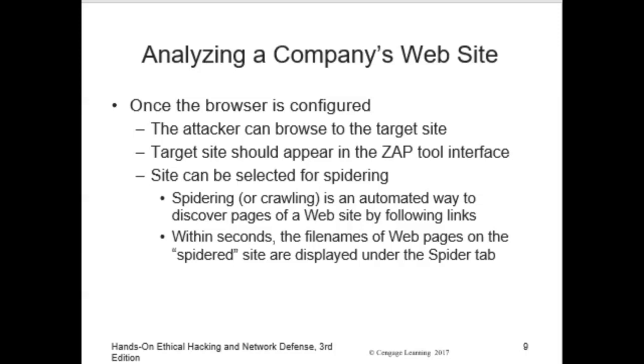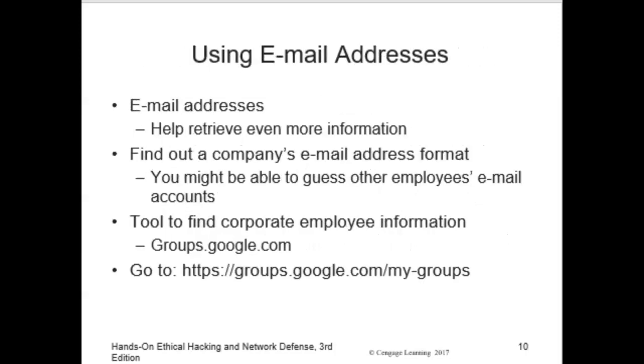Again, spidering or crawling is that automated discovery of pages of a website by following link to link to link, right? And within seconds, the file names of web pages on the spidered site are displayed under the Spider tab. Very interesting.